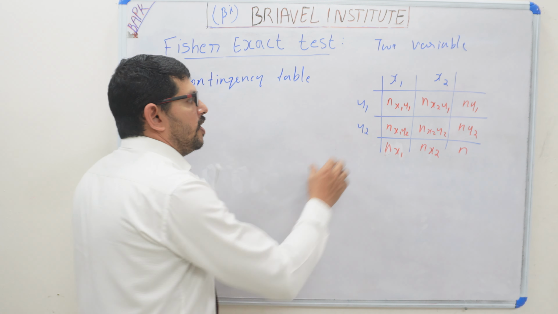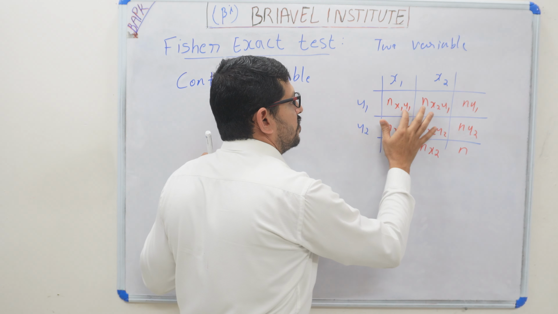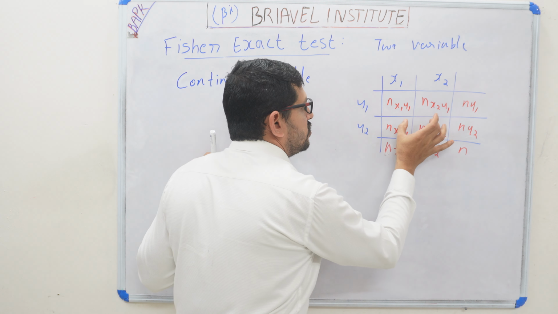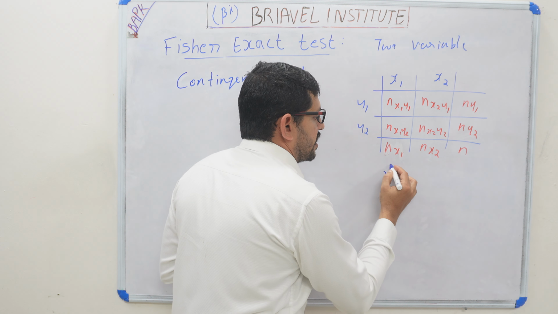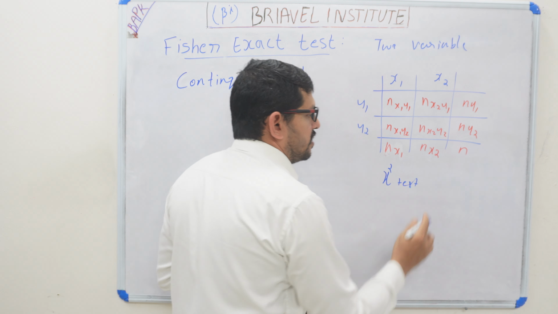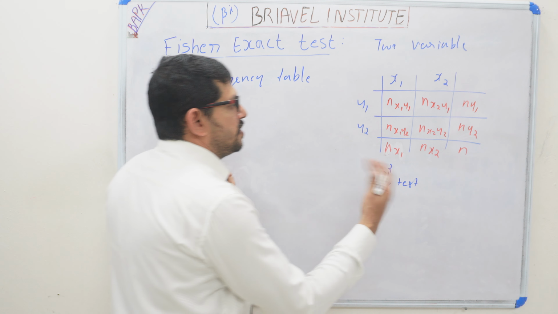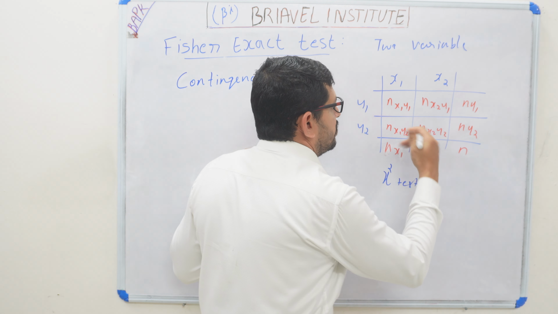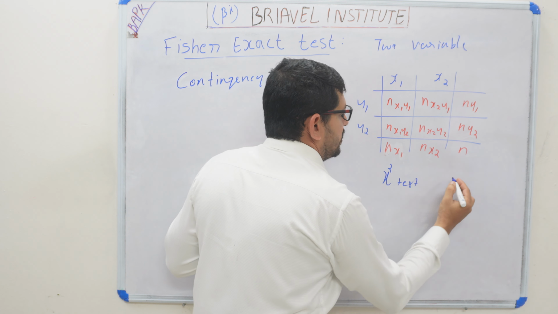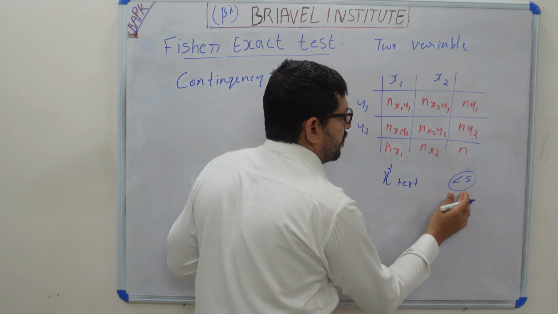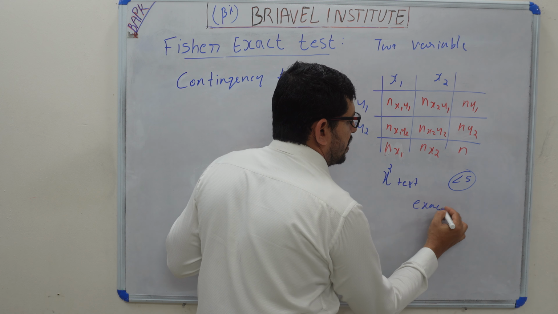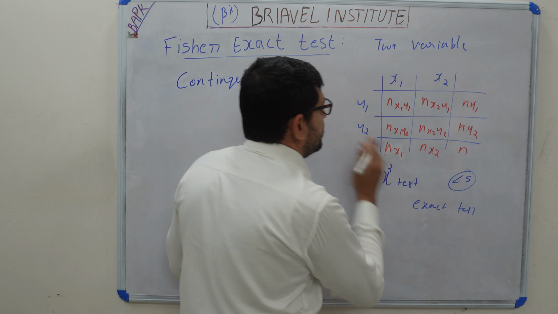If the observed values, these n x1 y1 or n x2 y2, are higher, we will use the chi-square test. But sometimes we need an exact result. If some cells have values less than 5, at that time we can use the exact test, this Fisher-Exact test.